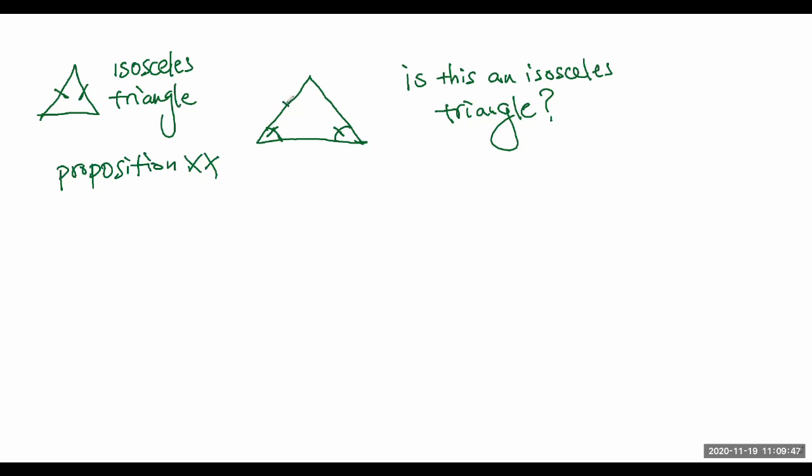So this side is opposite to this angle, and this side is opposite to this angle. Therefore, by definition, this is an isosceles triangle. But how do we prove that?